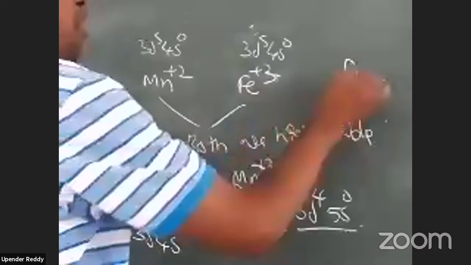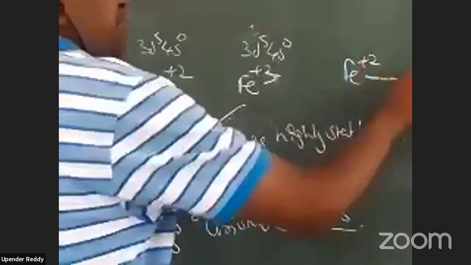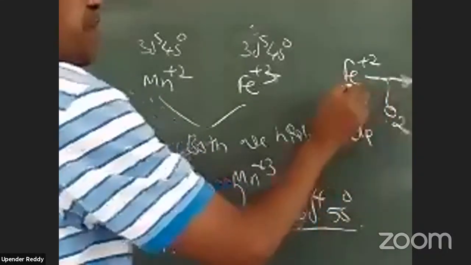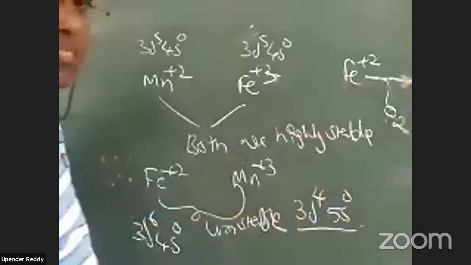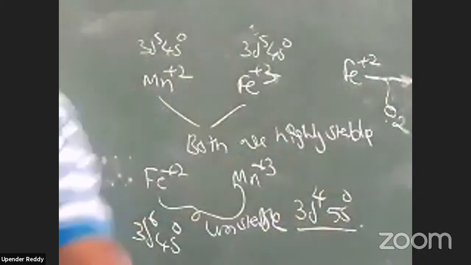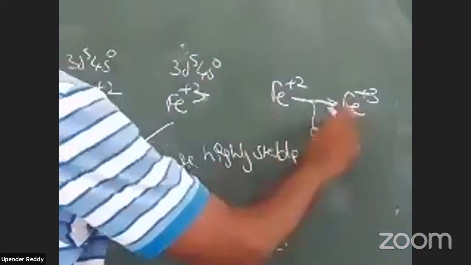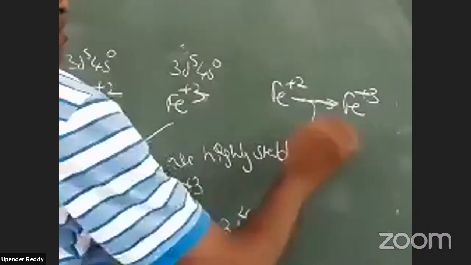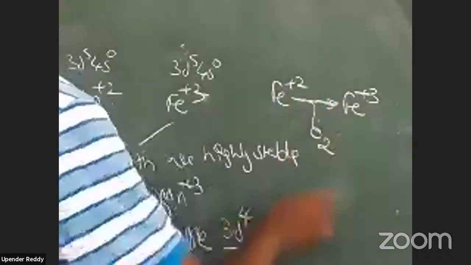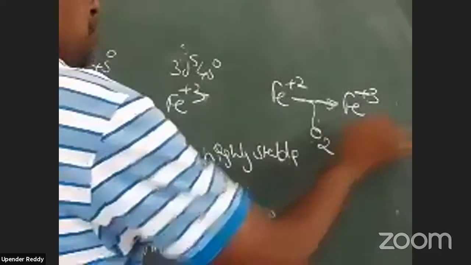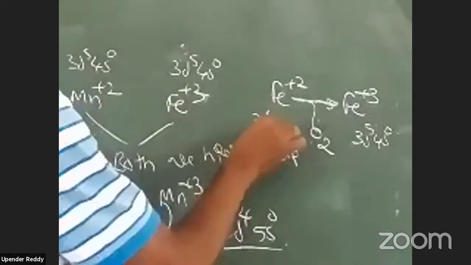Fe plus 2 always converts into Fe plus 3 on exposure to air. It is oxidation. Hence, Fe plus 3 is 3d5, 4s0, stable, while Fe plus 2 is 3d6, 4s0.